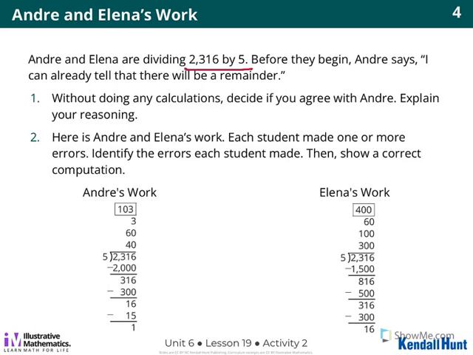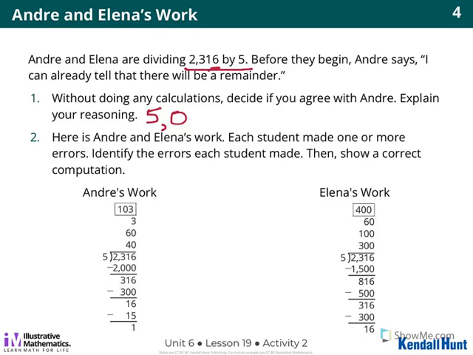Keston: 16 is bigger than 5. I mean, the 6 is bigger than 5. It ends with a 6, right? So the number has to end with 5 or 0 for 5 to go in evenly.